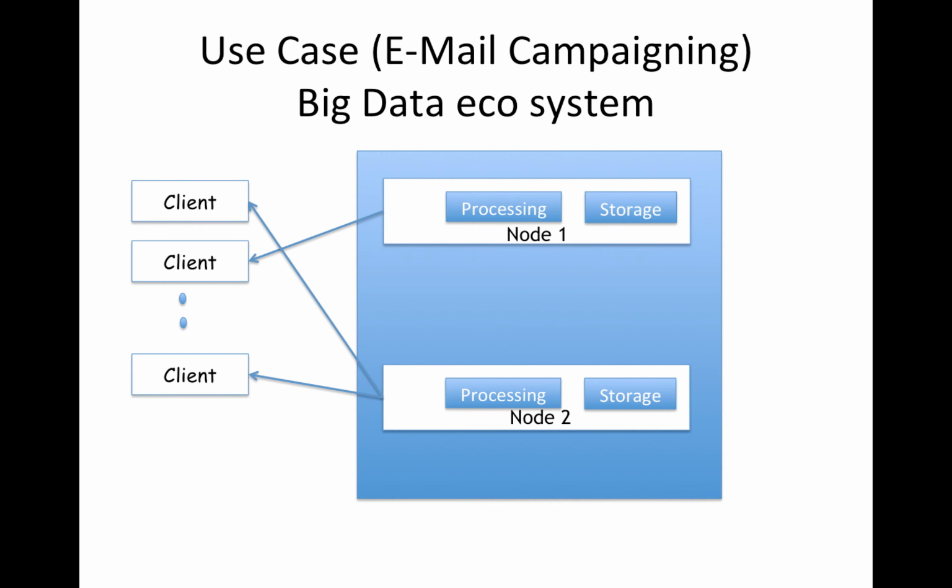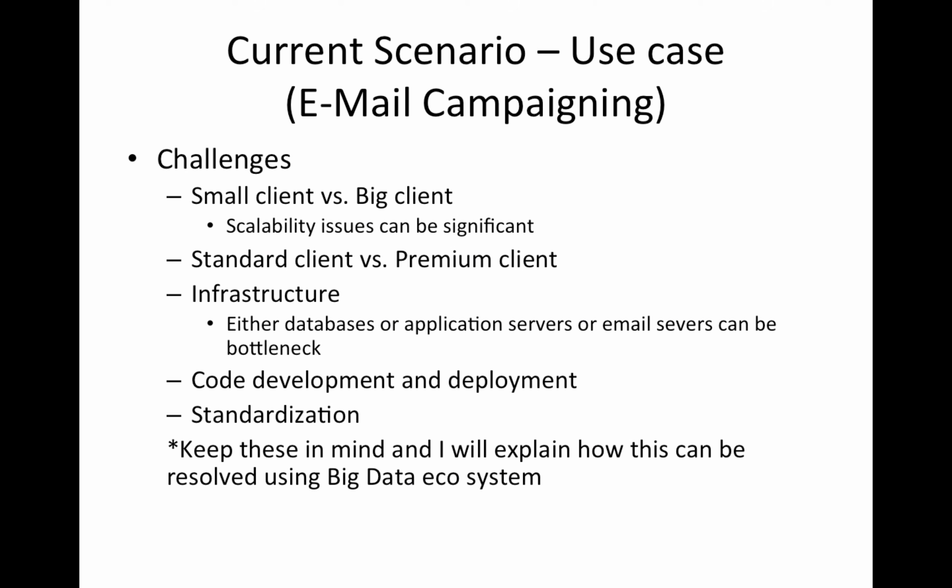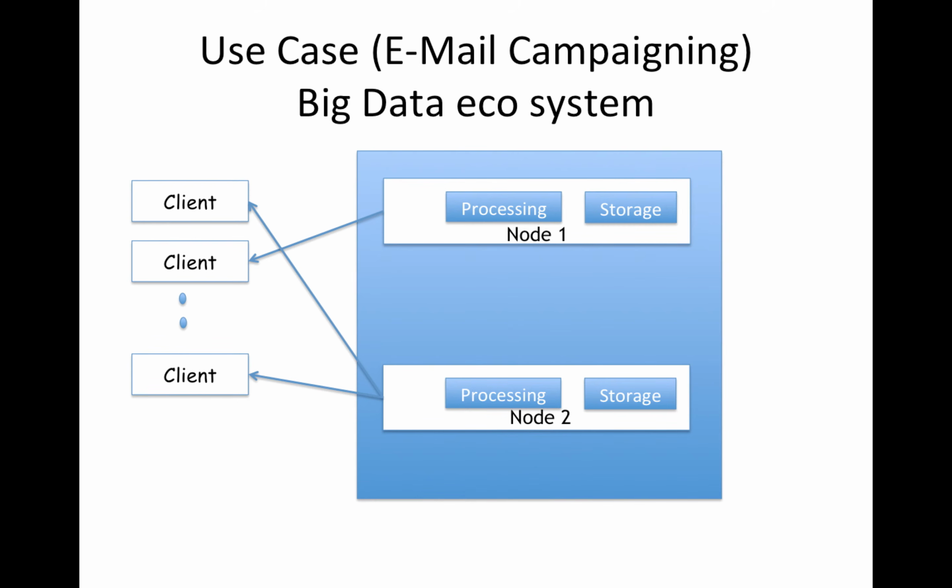Now if you think about it, if you have a smaller client with 2 million email recipients, and two nodes are working, and if you have a larger client with 100 million users, you can just add 100 nodes with minimal changes to your infrastructure or code or anything which we have described in the challenges. So all these challenges can be addressed using this architecture, and use cases like email campaigning, which are operational in nature but not transactional, can be easily implemented with tools that are part of the big data ecosystem.